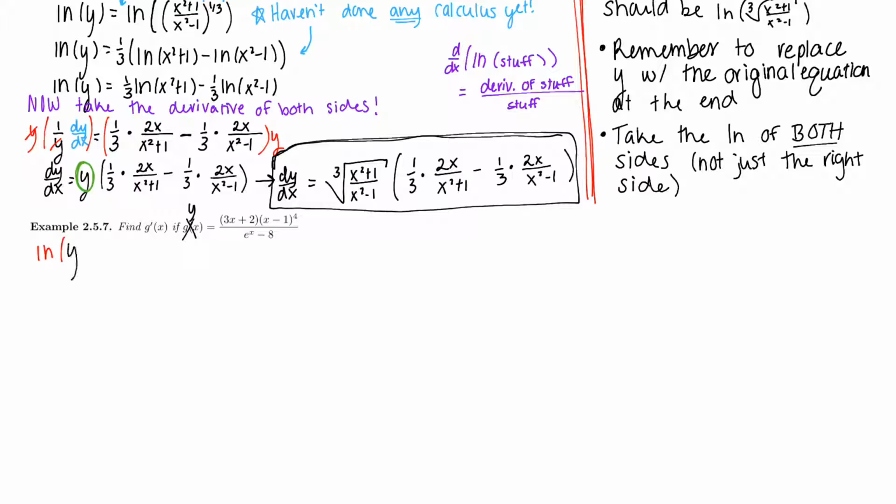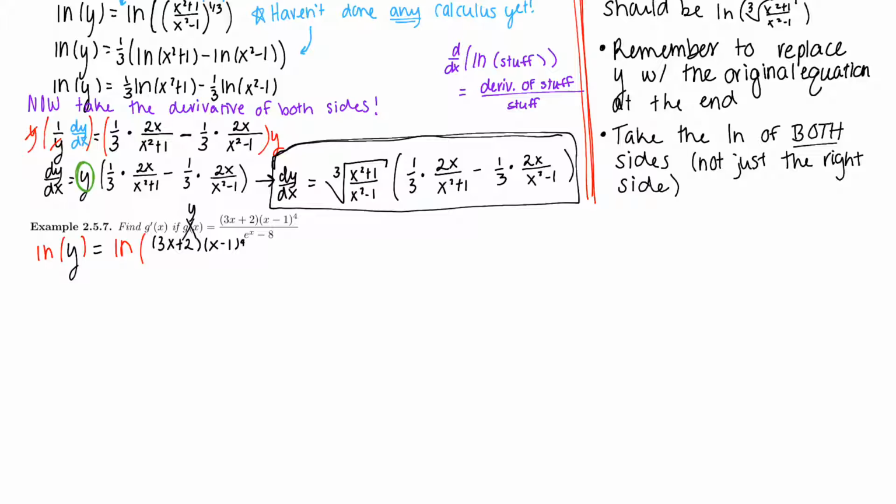So you have ln y is equal to ln of 3x plus 2 times x minus 1 to the 4th. That got really cramped up there.